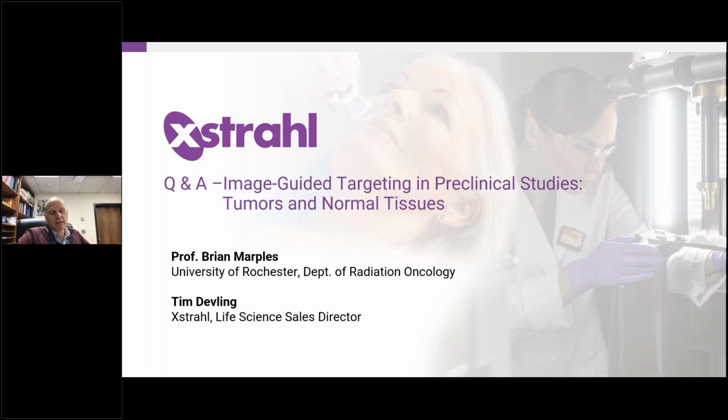But we recognize that a 30 gray single dose is not clinically relevant. So we then adopted an 8 gray times 3 regimen, or a 10 gray times 3 measurement, to be more clinically relevant, to give a lower dose but a fractionated lower dose. And then we looked at the assays that we developed with a large single dose to demonstrate bladder dysfunction after those lower fractionated doses.